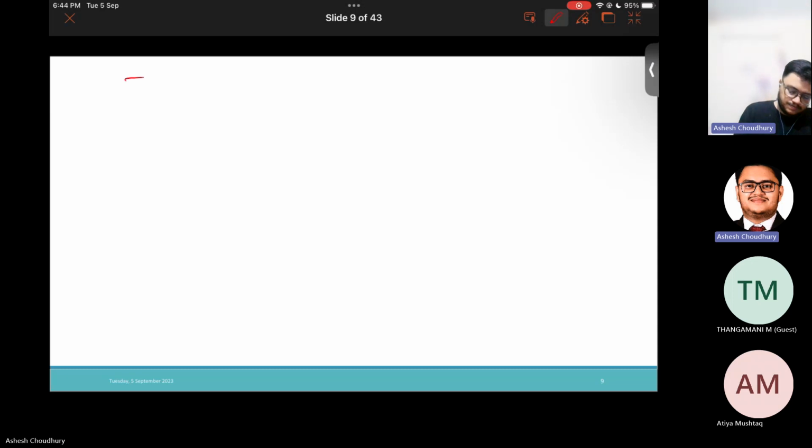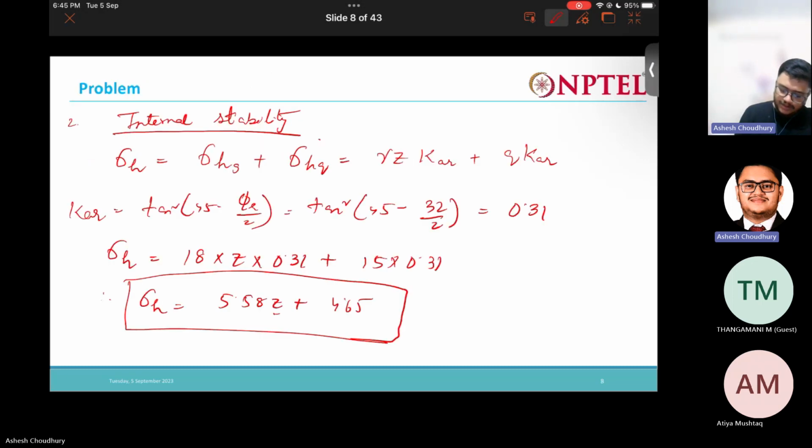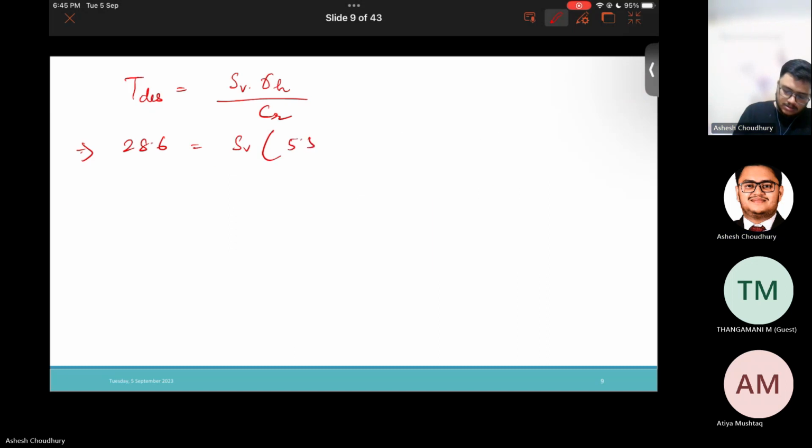So using that design, multiplied by CR. CR is nothing but our coverage ratio. So what was this design strength? We calculated in the first page, 28.6 times SV into sigma h, this 5.58 Z plus 4.65, and this coverage ratio is given as 0.8.